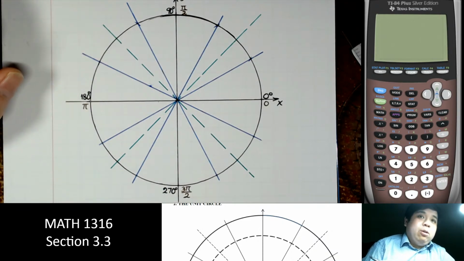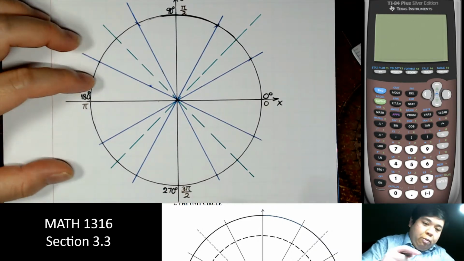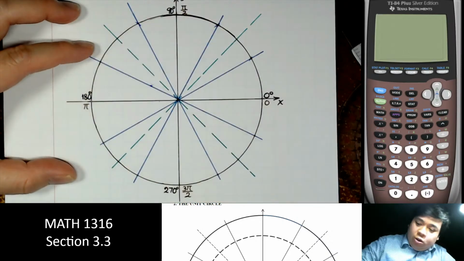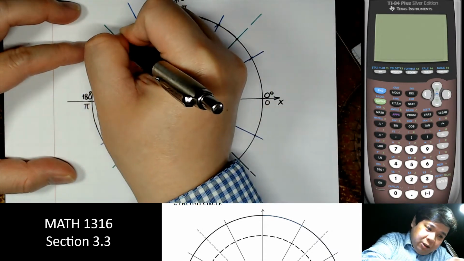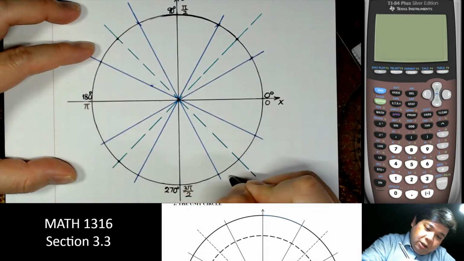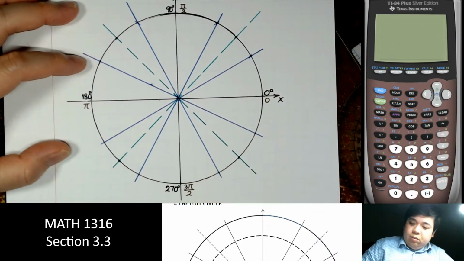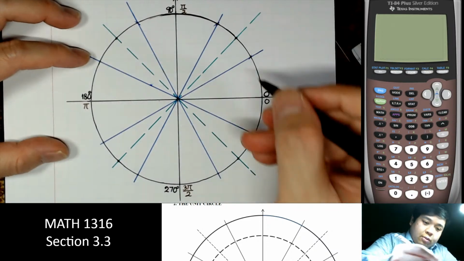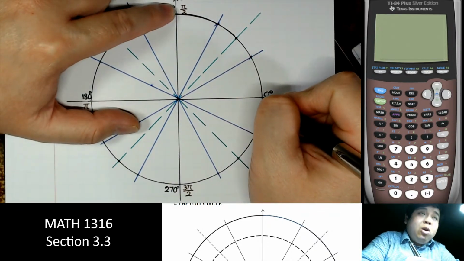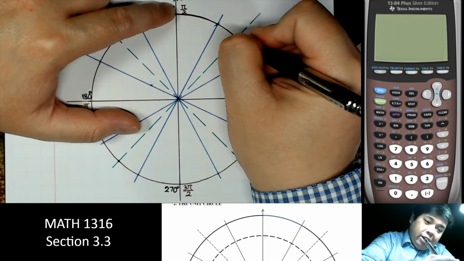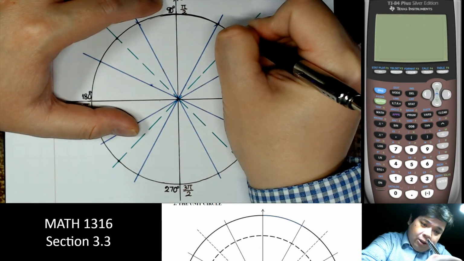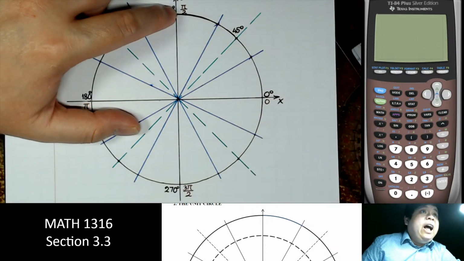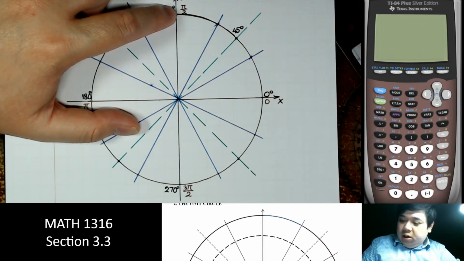Right, now divide this into 4 pieces. Now I'm talking about these 4 points. Half of 0 to 90 degrees is 45, right? So we have 45 degrees. Half of that is pi over 4.